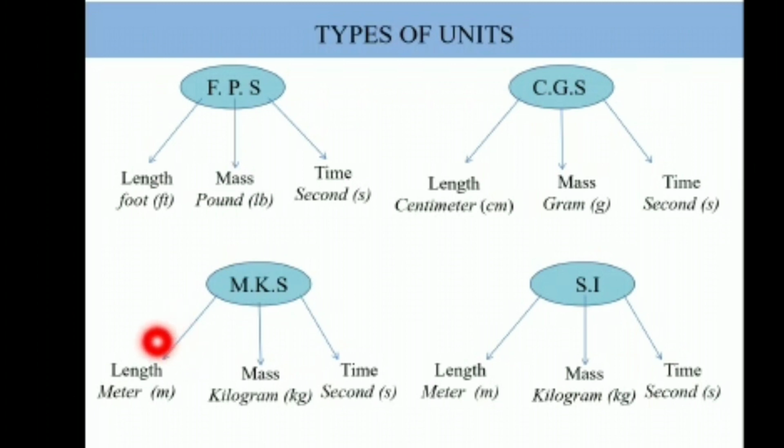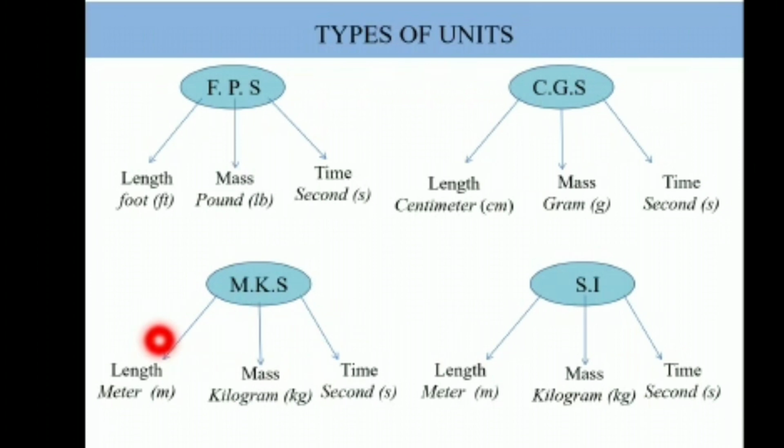Meter is a standard or international unit that is used worldwide. But very small things are even smaller than the international or standard units, for example the size of an ant.